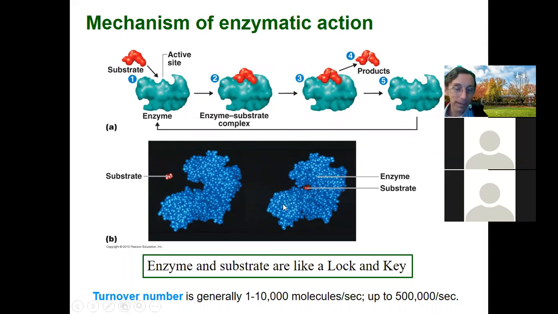What else do you notice about the substrate and the enzyme? The shape, or what about the shape? One's large and one's small. Yeah, the enzyme is much larger than the substrate. That was the first thing you're supposed to learn from this. The enzyme is very many times larger than the substrate.